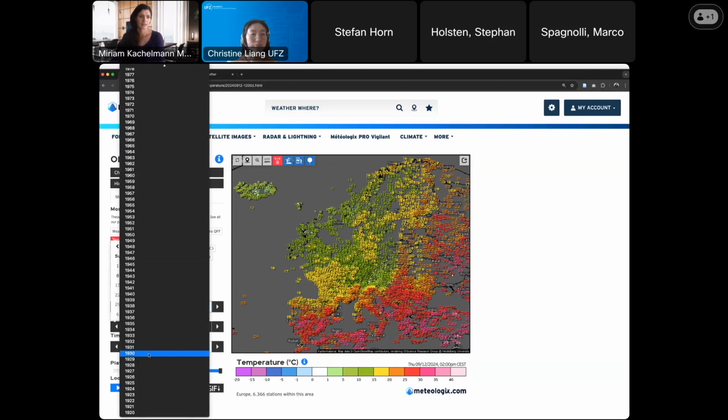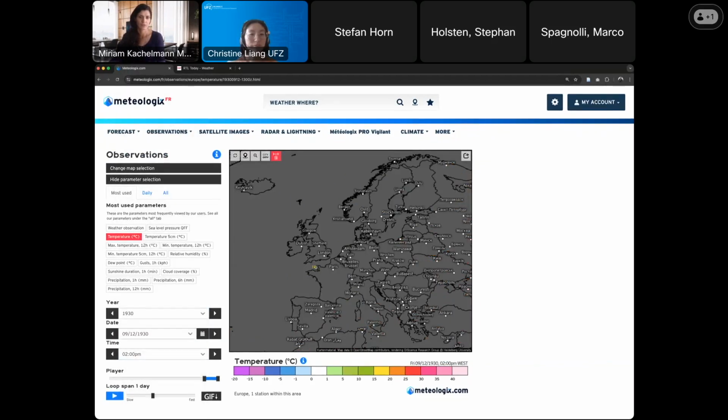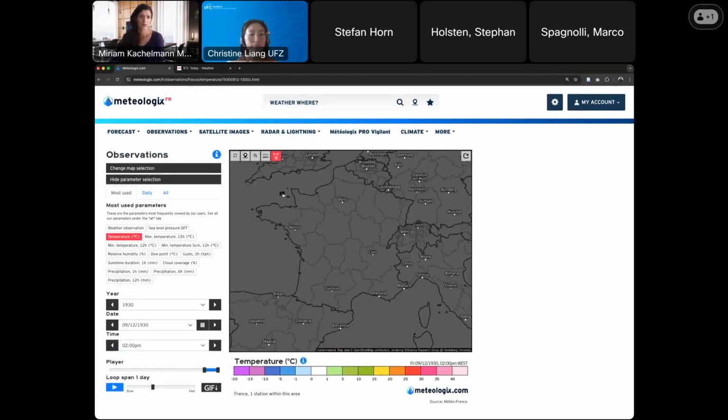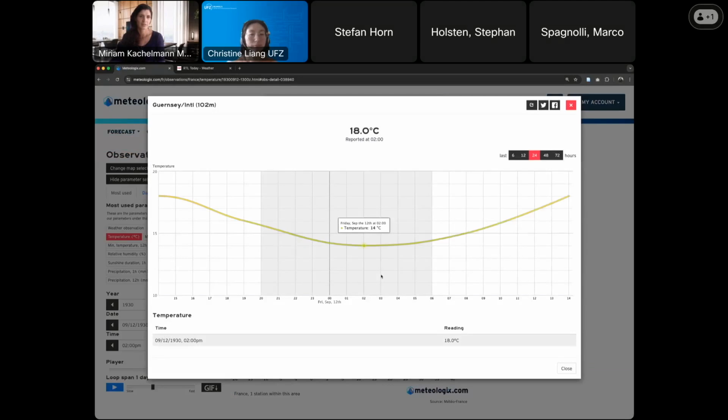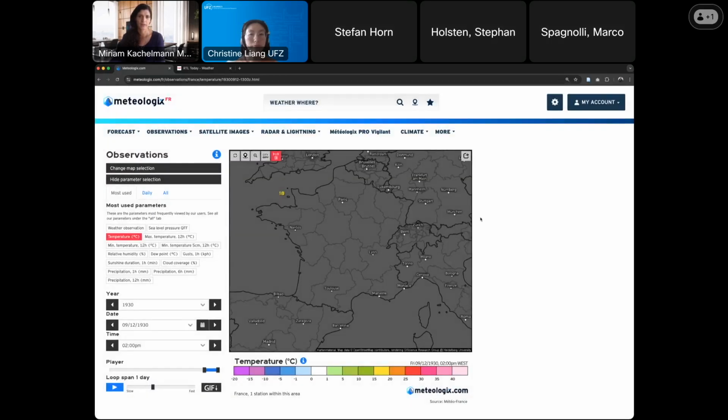And these kinds of things are interesting too. Of course, it's then a very small amount of measurements that you get, but that's a measurement from the 9th of December 1930. So these kinds of things we made available here.